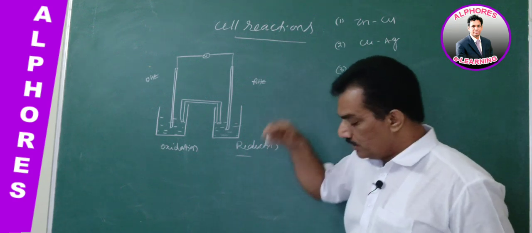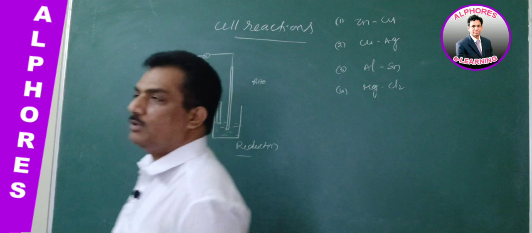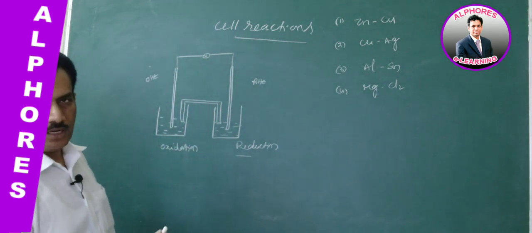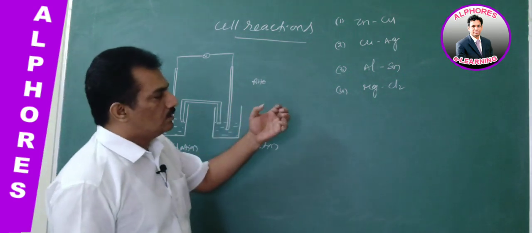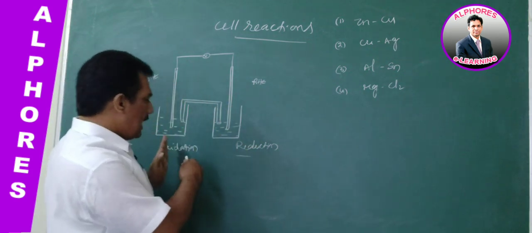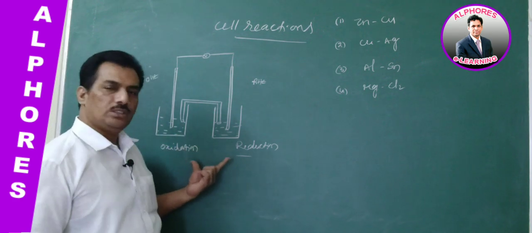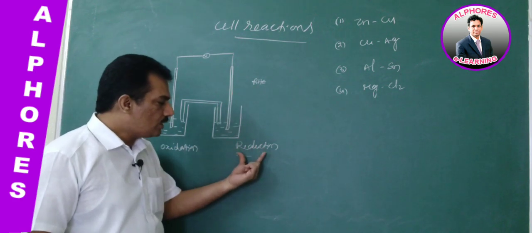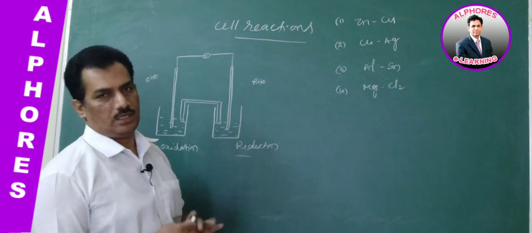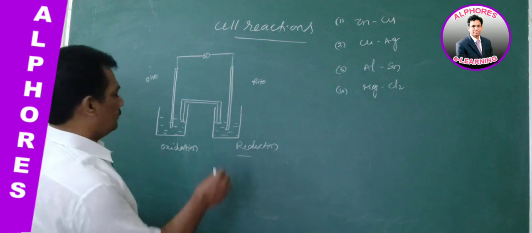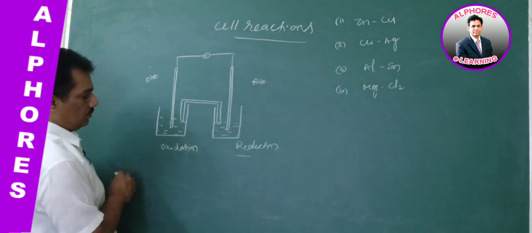These are different electrodes that can be used for construction of an electrochemical cell. Clear? Of these, the anode, that is the oxidation half electrode, always undergoes oxidation, and at the reduction half electrode the reaction is always reduction. Clear? Now first let me take that zinc copper electrochemical cell.